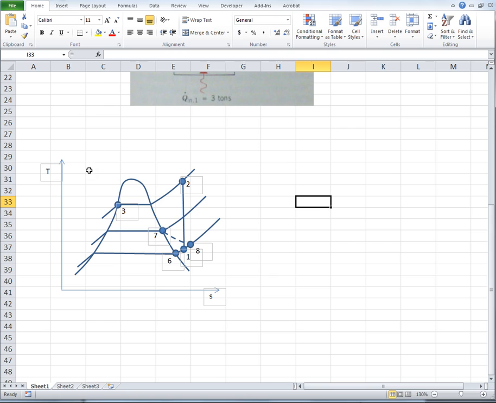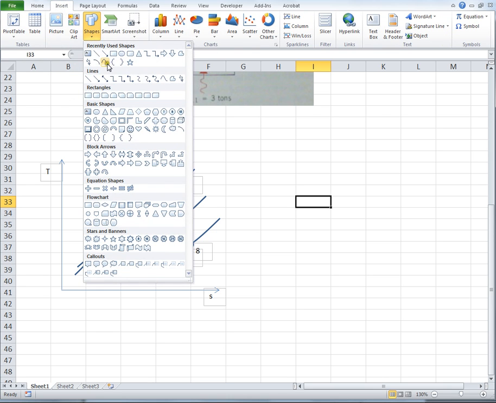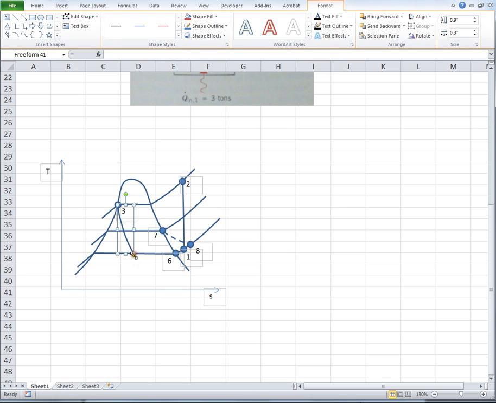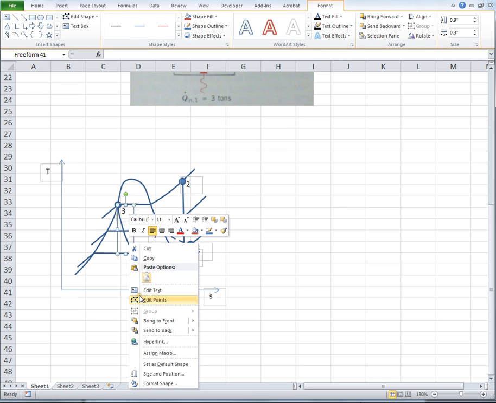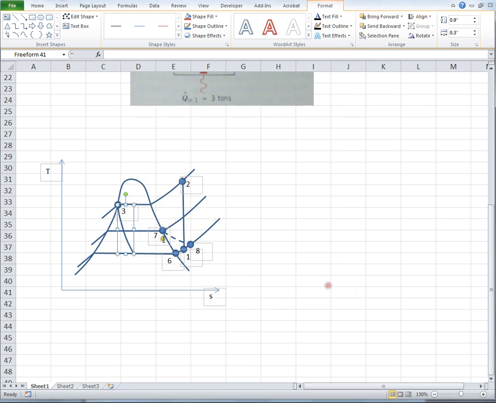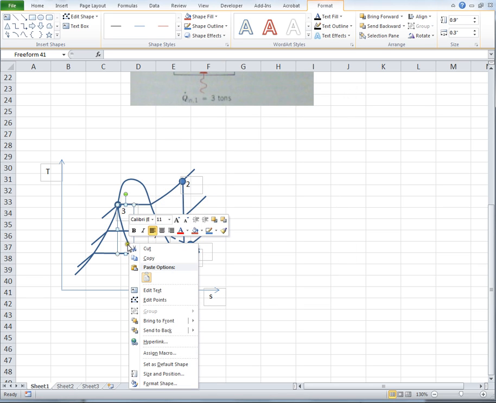So we're going to go, let me find that constant enthalpy line. And let's make that a dashed line. Why do we show a dashed line, by the way? The dashed line indicates that it's an irreversible process and we don't know the exact path.